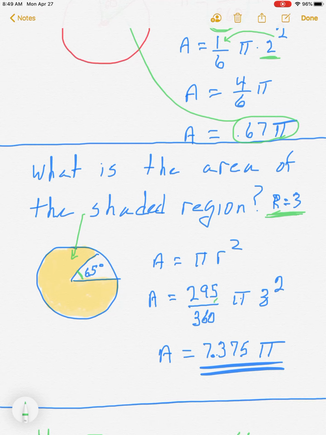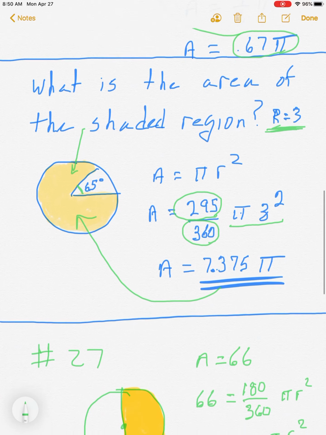This time, the shaded portion is 360 minus 65, which is 295 degrees out of 360. So I'm taking that fraction of pi r squared, where the radius is 3. 3 squared is 9. 9 times 295 divided by 360 gives me 7.375 pi. The area of the shaded portion is 7.375 pi. I would like you to leave your answers in terms of pi today when it asks you for the area, please.